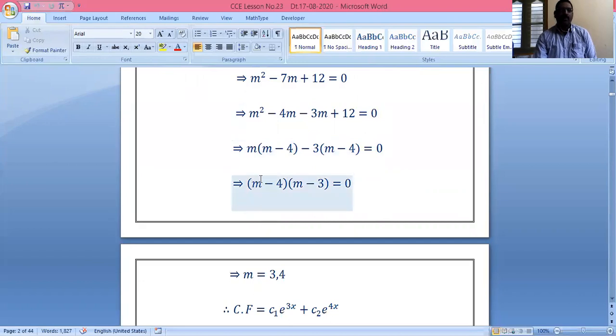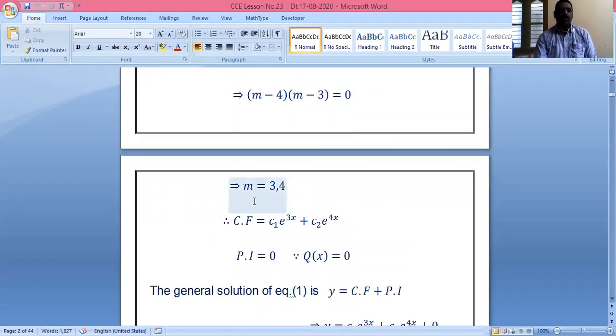That implies by taking m minus 4 common in both the terms, we get (m minus 4) into (m minus 3) is equal to 0. That implies m is equal to 3, 4.